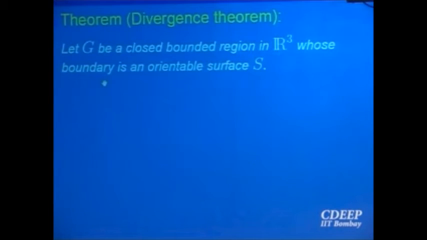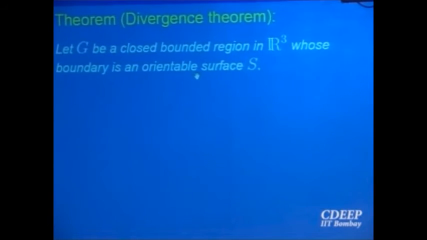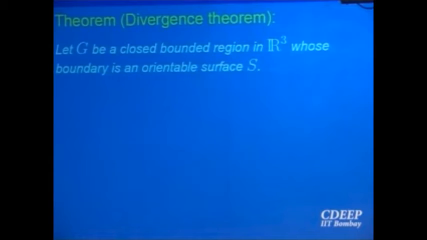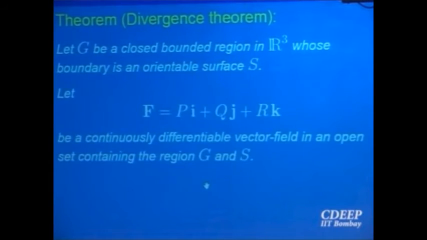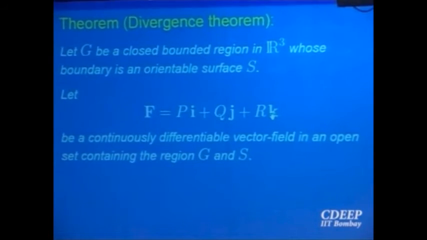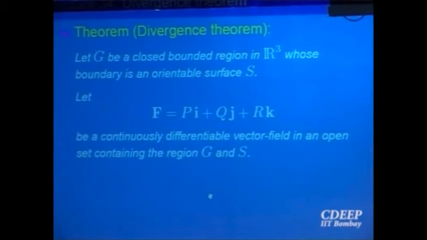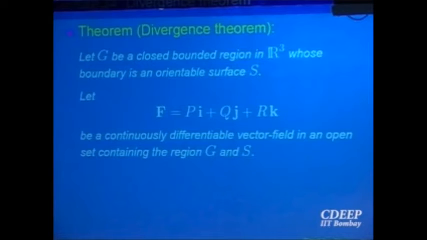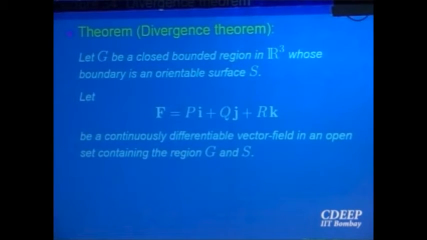G is a closed bounded region, because we want the integrals to exist in R3, whose boundary is an orientable surface. F is a vector field which is continuously differentiable. We put all nice conditions because you are going to calculate the divergence, so the partial derivatives should exist and should be continuous for the integral to make sense.